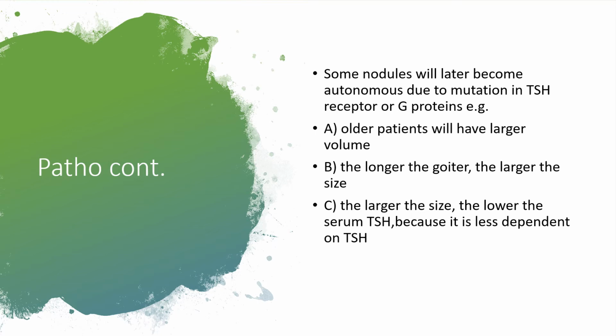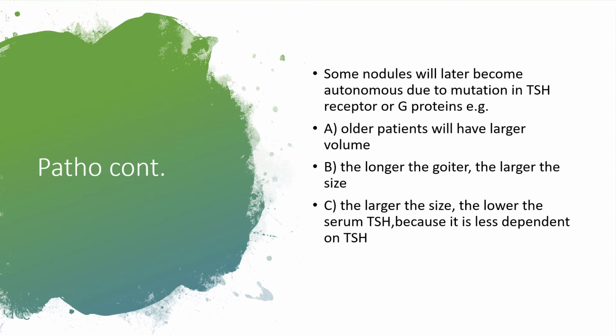For example, in older patients, they will have larger volume, and the longer the goiter, the larger the size, because of autonomy coinciding, all right? The larger the size, the lower the serum thyroid stimulating hormone, because it is less dependent on thyroid stimulating hormone. Is that not what autonomous is all about?